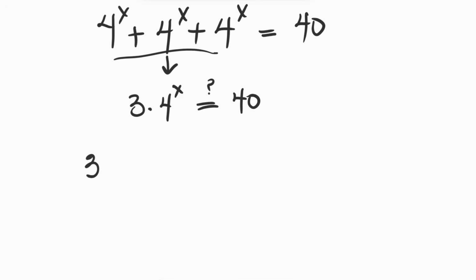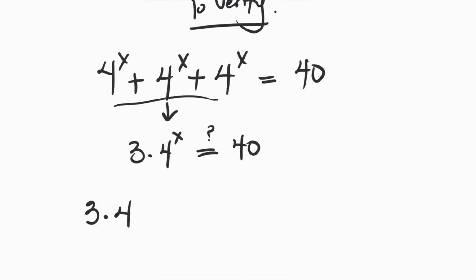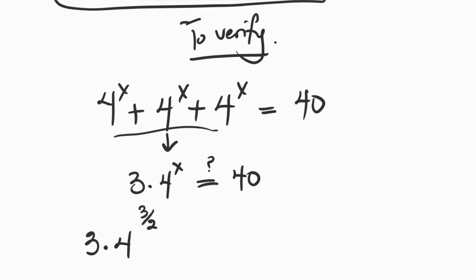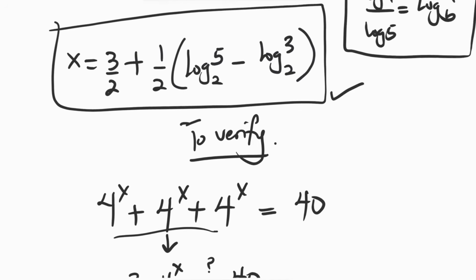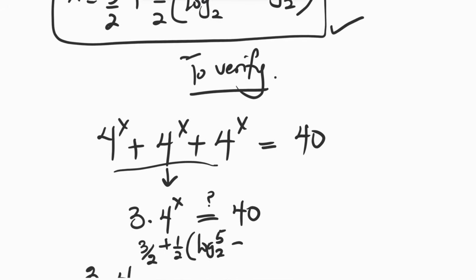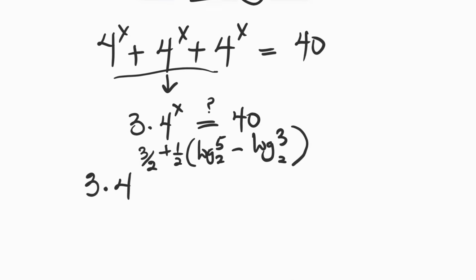Now, so we have 3 times 4 raised to the power, our x is 3 over 2 plus half times log of 5 base 2 minus log of 3 base 2. Okay?